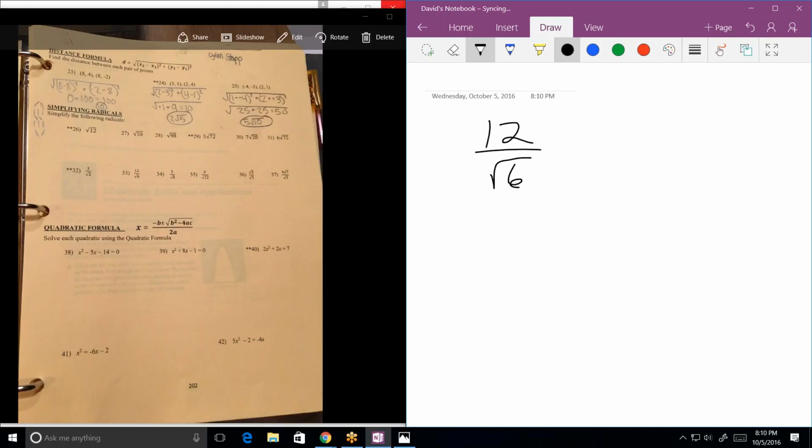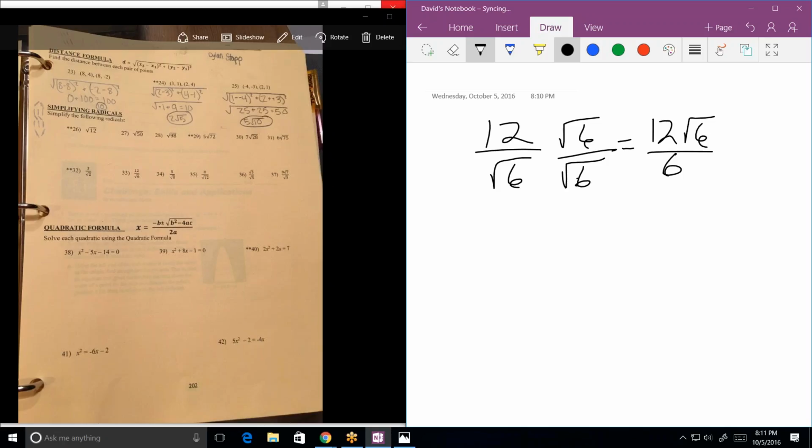Irrational denominator again. So what do I want to multiply this by? Root 6 over root 6. Which gives me what? So that gives you 12 root 6 on the top, and then what's root 6 times root 6? Root 36, so just 6.